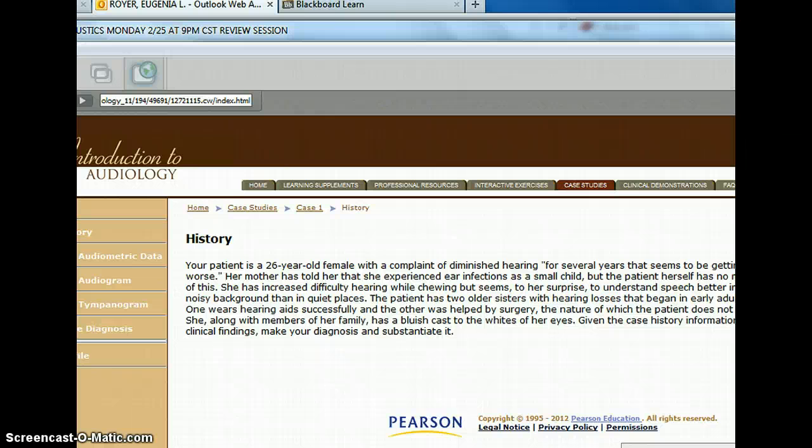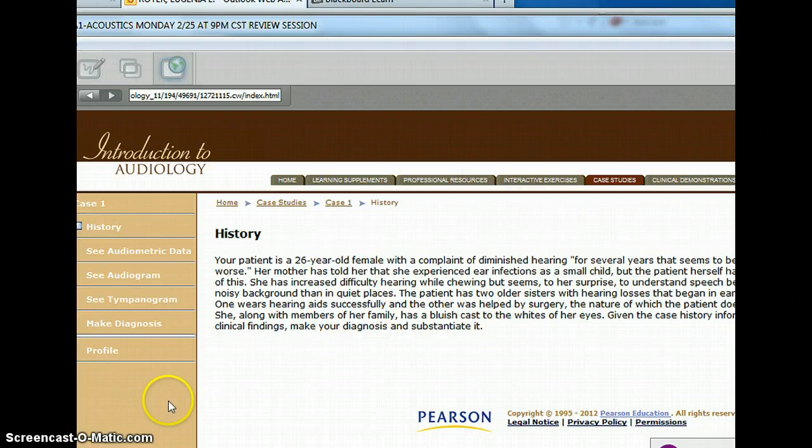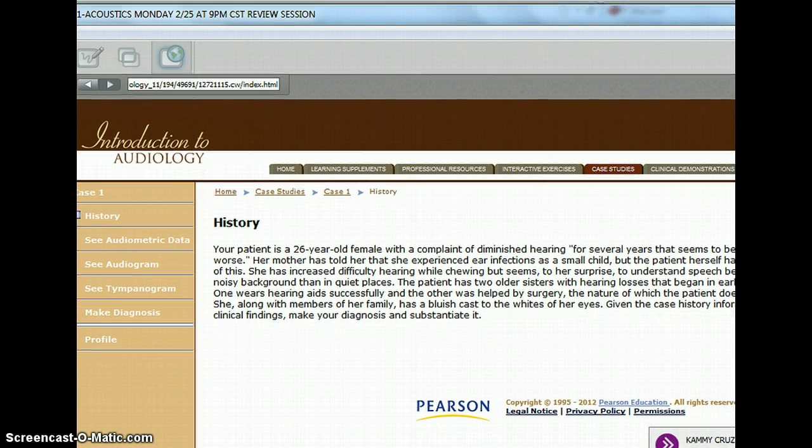All right. So the history, I'll go ahead and just read it real quick. You have a 26-year-old female with a complaint of diminished hearing for several years and seems to be getting worse. Her mother has told her that she experienced ear infections as a small child, but the patient herself has no memory of this. She has increased difficulty hearing while chewing, but seems, to her surprise, to understand speech better in a noisy background than in quiet places.